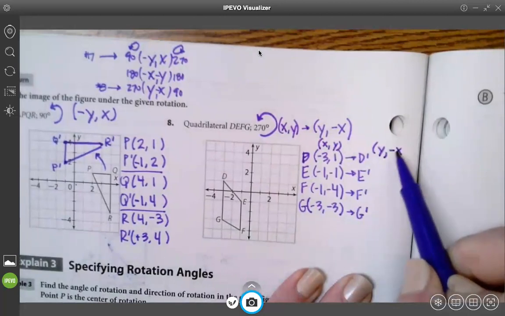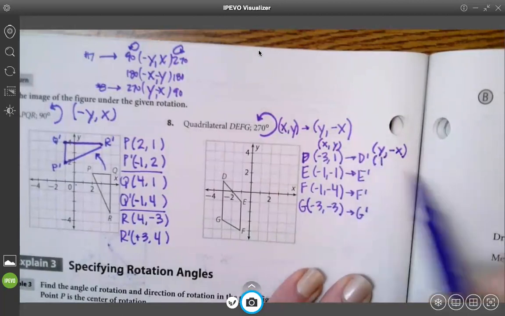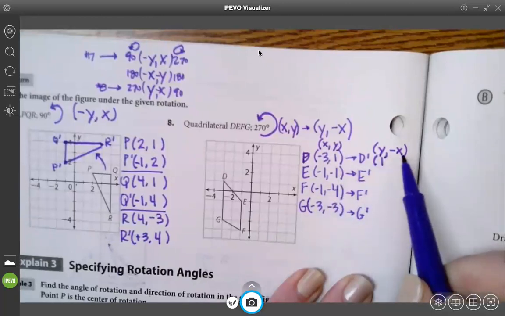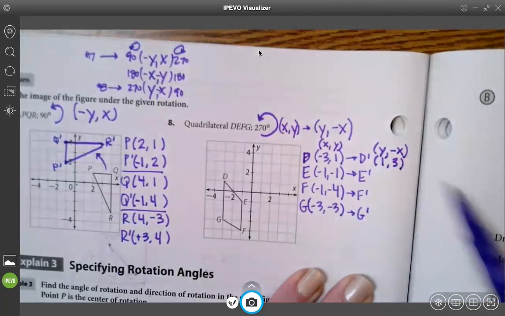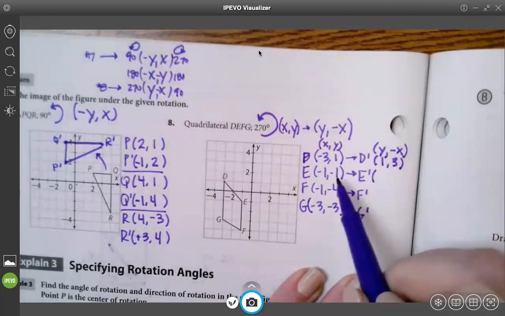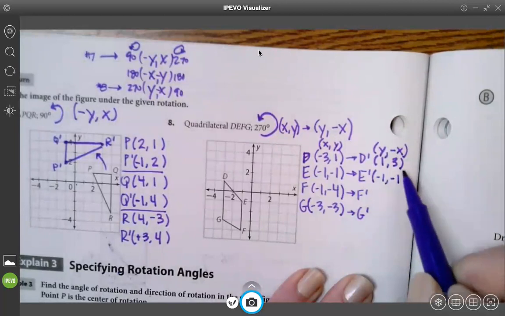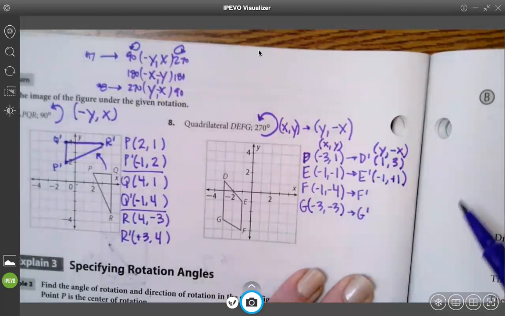So we're going to take the y, which is 1, and we're going to move it to the front. We're going to take the x, which is -3, move it to the back and change its sign. So (1, 3) is where D prime goes. For E prime, we switch the order, (-1, -1), and we change the sign on the new back number.